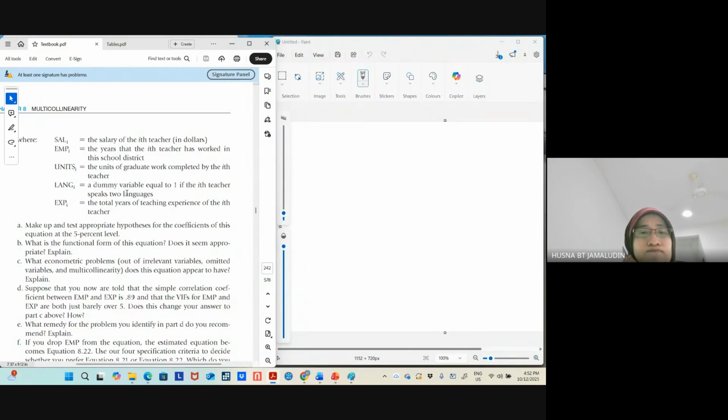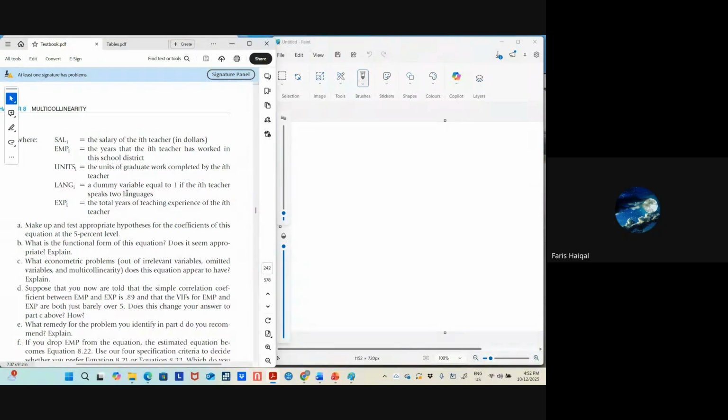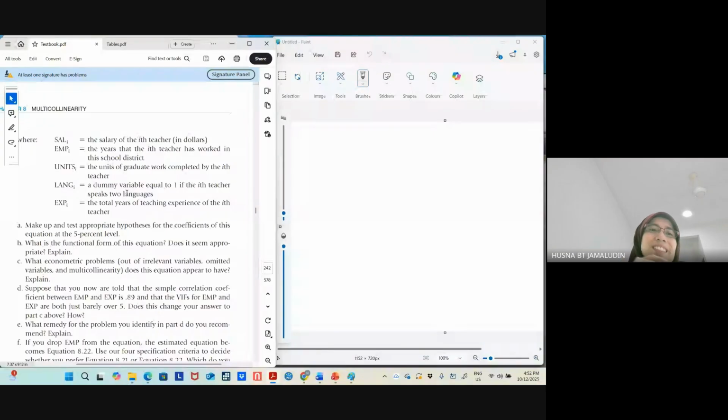Their level of education. Yes, of course. Level of education. If school teacher, right? That's why the school teacher they use graduate work completed, because sometimes school teachers don't really need higher level of education.